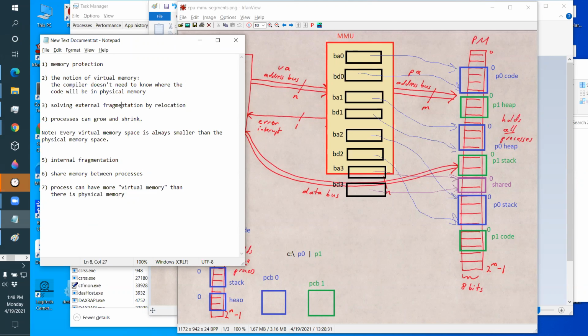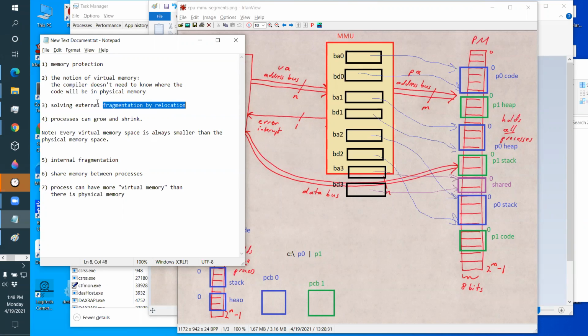To relocate to solve external fragmentation, and to grow and shrink programs, you've got to copy programs from one place in memory to the other. Paging is going to solve that problem in a really elegant way, and it'll make everything else work a little bit better.